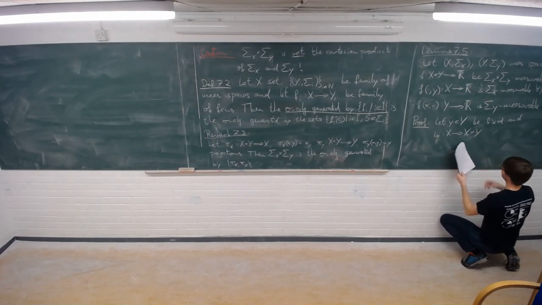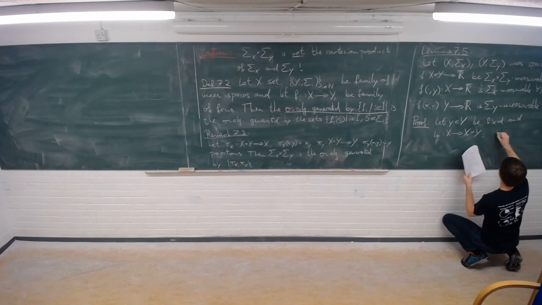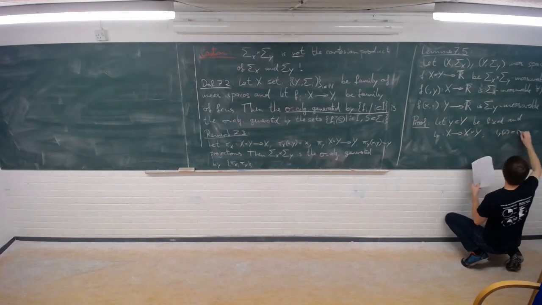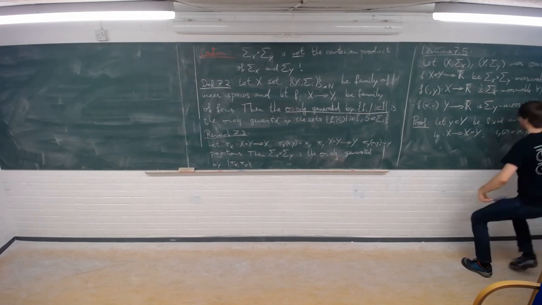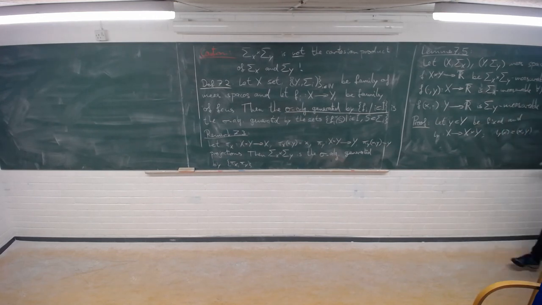So let this function iota y be defined by iota y of x equals the pair (x, y). Right, so it just takes the set X and puts it into this product X times Y.